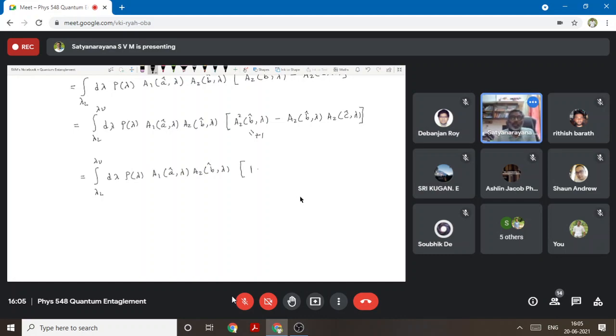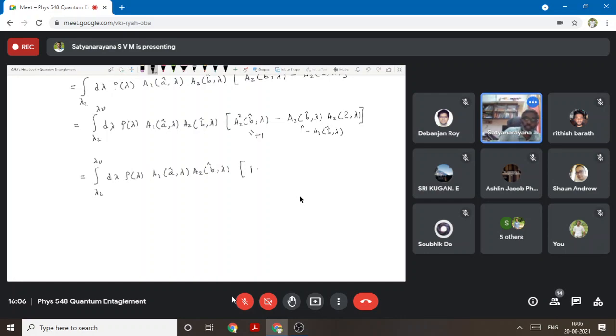and this A2 of B cap lambda, I can write as minus A1 of B cap lambda, because A2 and A1 are related like this when the same axis is there.